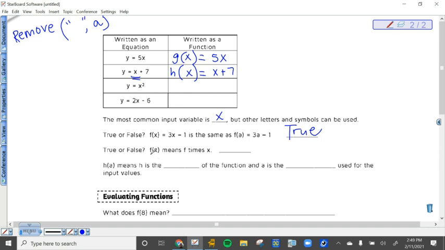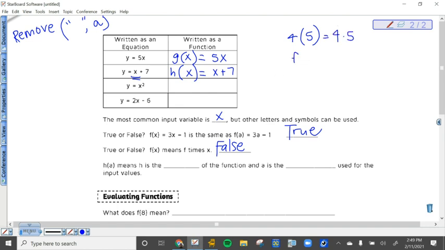Okay. Does f of x mean f times x? No, that's false. Even though when we write like that, that equals 4 times 5, right?